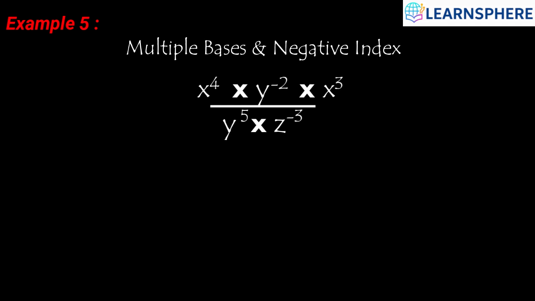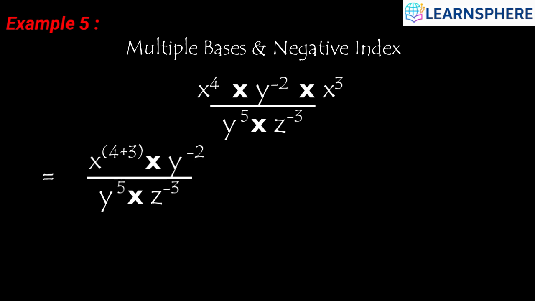Firstly, we have to do the step-by-step simplification, where in the numerator, we can combine it to be, for x values, x to the power 4 plus 3 times y to the power negative 2 over y to the power 5 times z to the power negative 3, which can be further simplified to be x to the power 7 times y to the power negative 2 over y to the power 5 times z to the power negative 3.